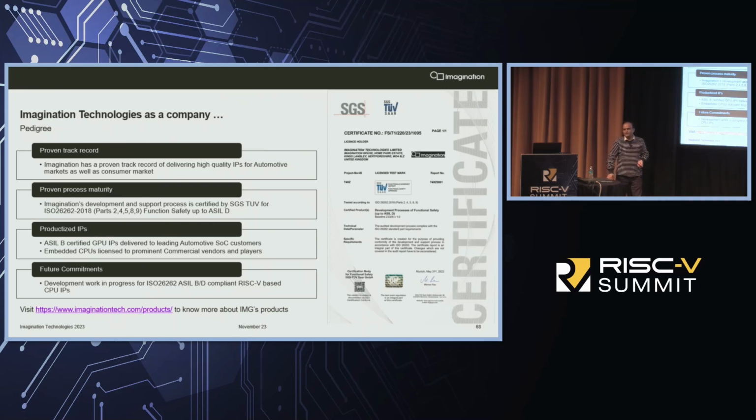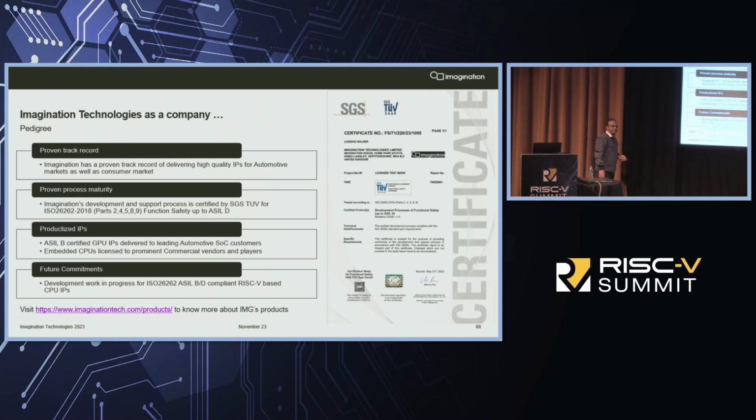We were the primary or sole IP provider of GPUs for Apple till recently. Today we are getting into the automotive side, and we have prominent OEMs and tier 1s sourcing our IPs. We also already have an ASIL-D certification for our process.